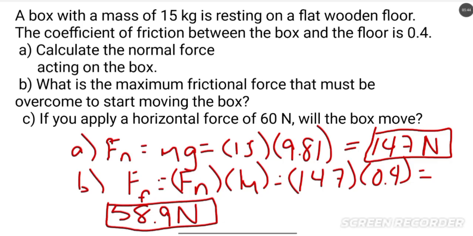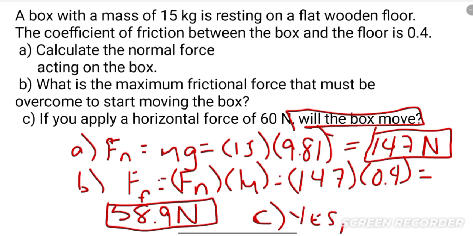Okay, here are the solutions to letters A and B, and letter C. Letter C, of course, says, will the box move? Yes, it will move. And that's because 60 newtons is what's being applied. So 60 is greater than 58.9.